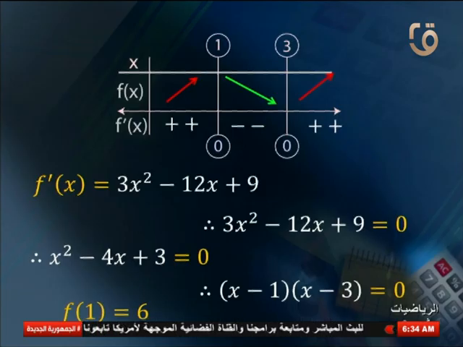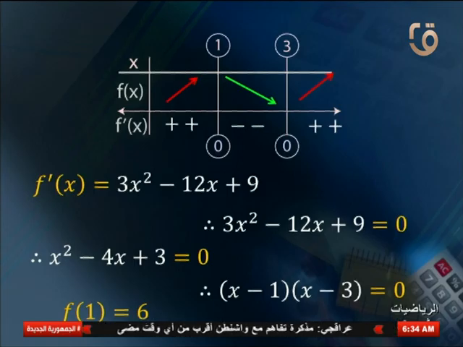F dash is positive, f of x is increasing. When substituting x from 1 to 3, open interval, as 2, when x equals 2, f dash of x is smaller than 0, or negative, then f of x is decreasing. When x is more than 3, as 4, substituting x equals 4 in f dash of x, f dash of x in this case is positive.